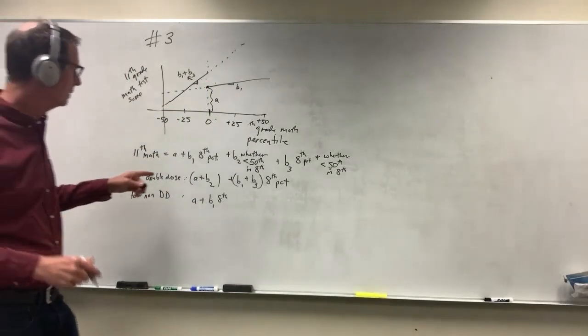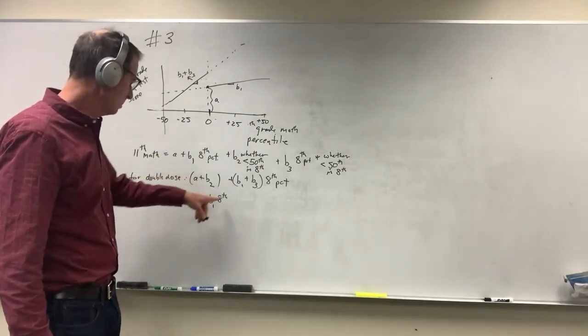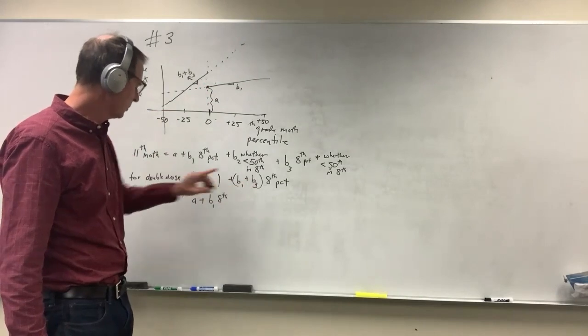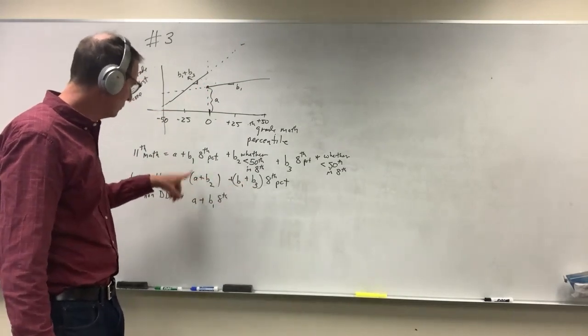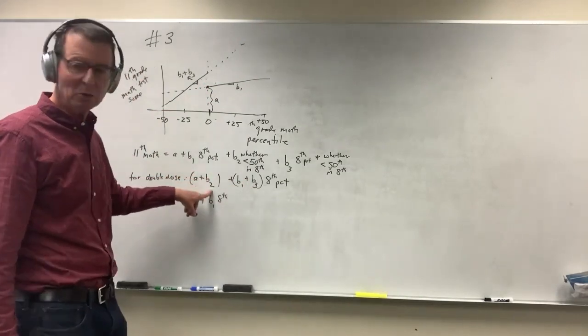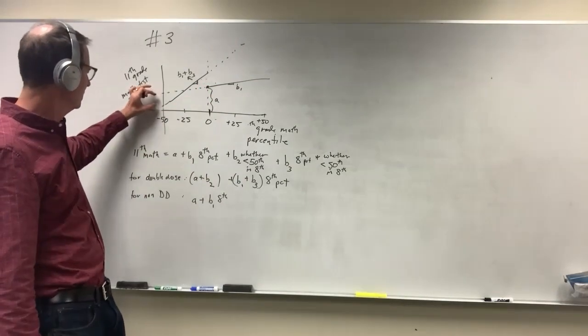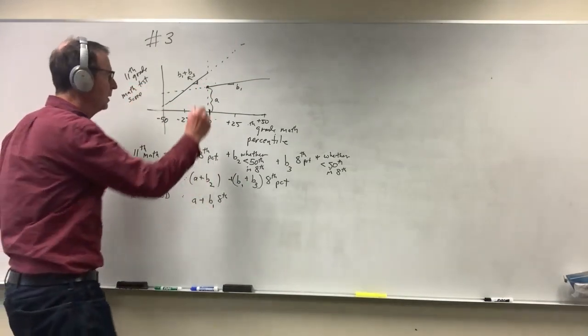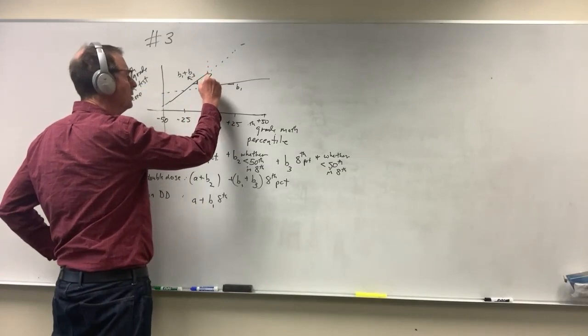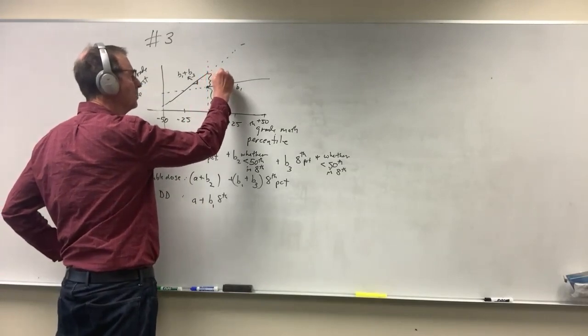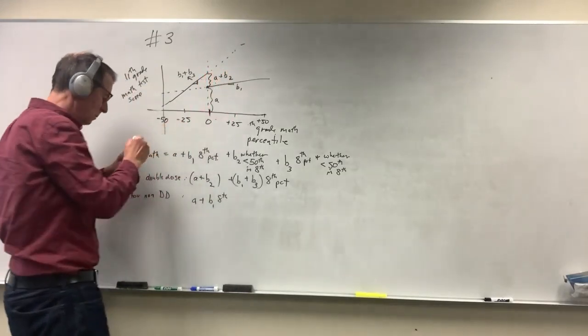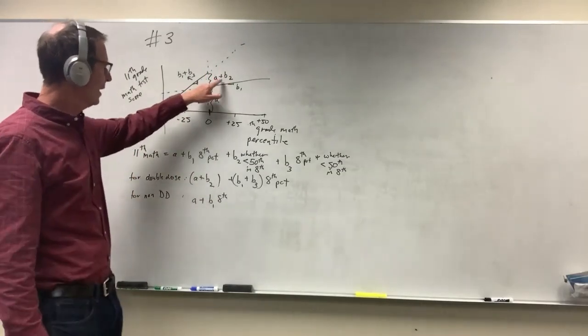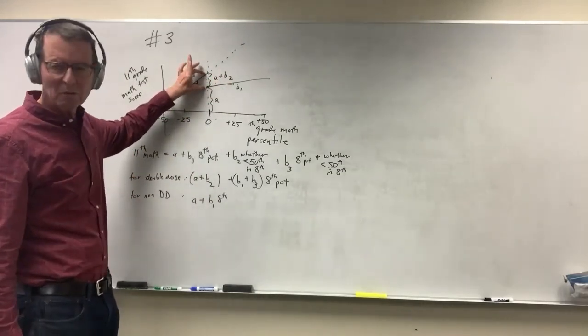And then B3, I'm sorry. So A gets adjusted, the constant gets adjusted by B2, right? That happened over here. B2 is negative, but now B2, this is A plus B2 again. But now B2 tells you exactly what this gap is.